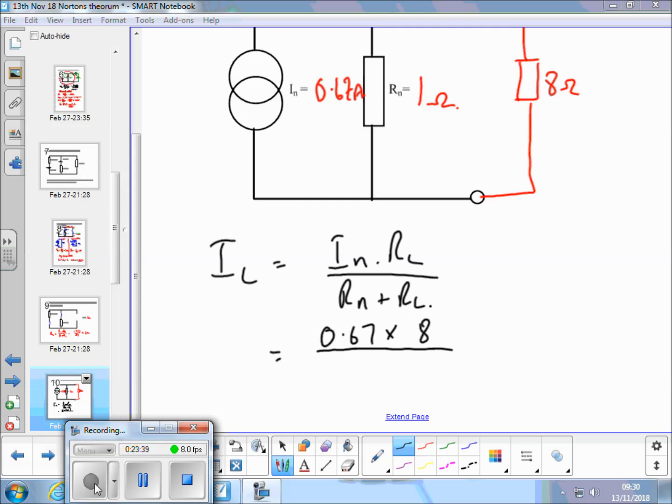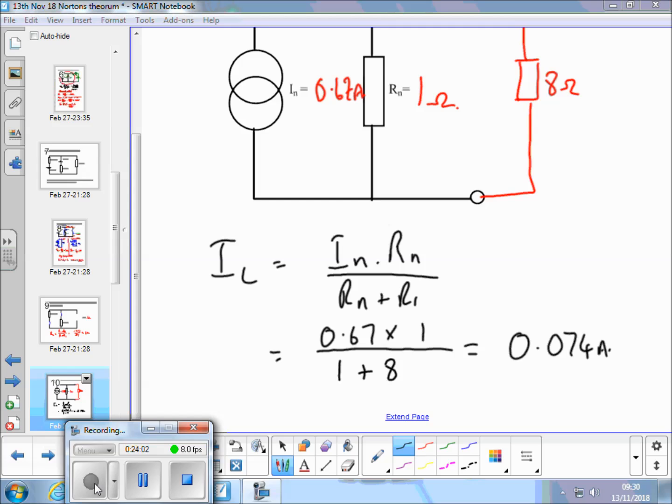That's Rn, isn't it? Yeah, Rn, over 1 plus 8. Gives you 0.074.